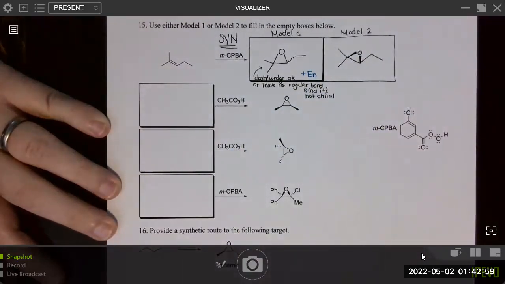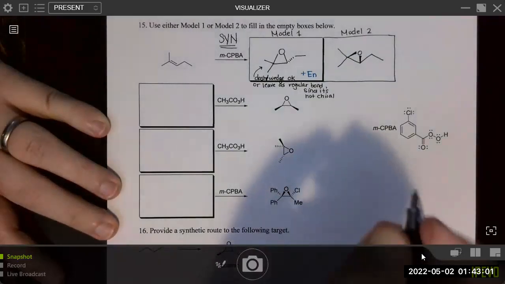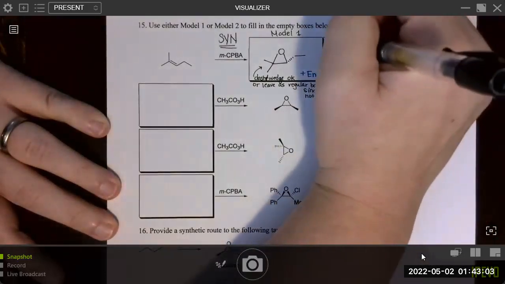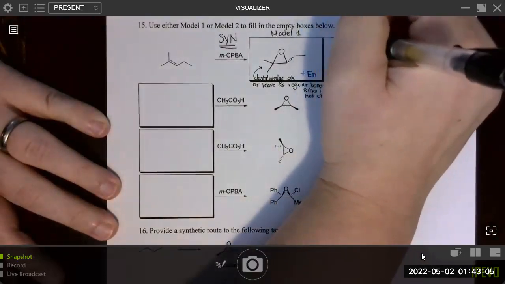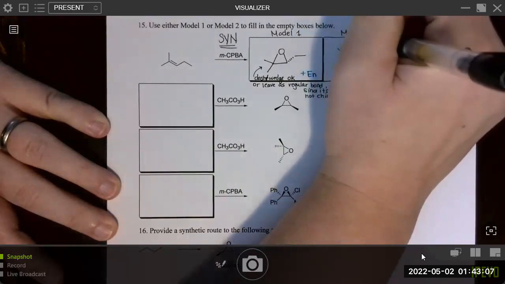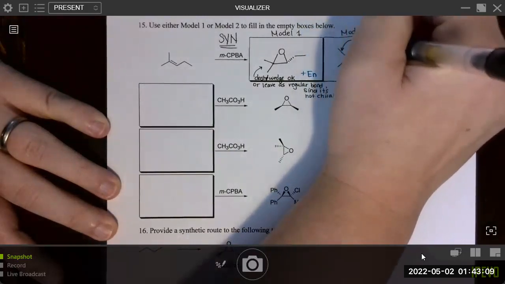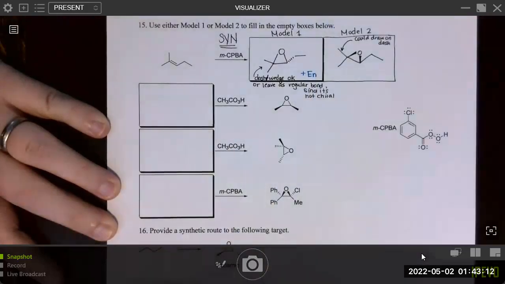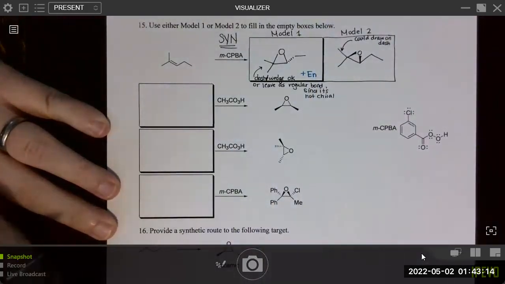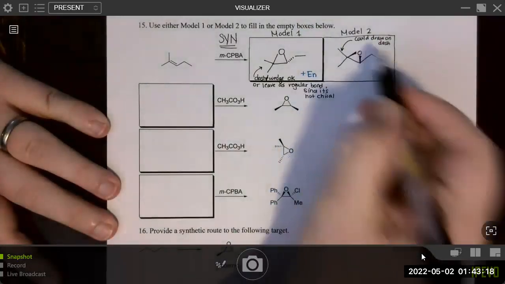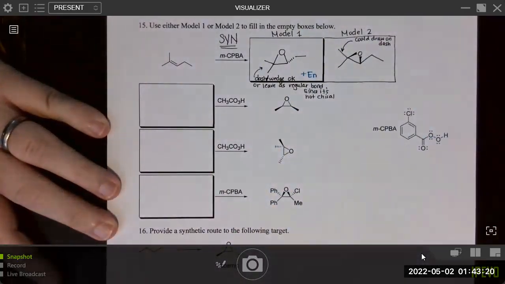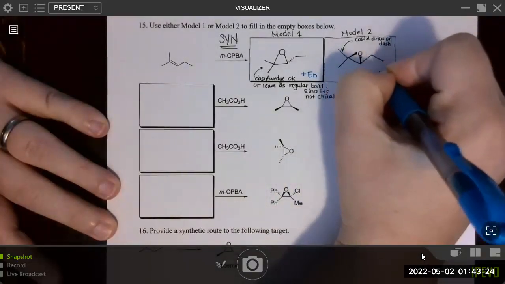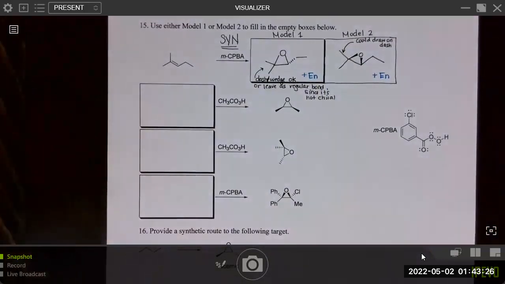It doesn't really matter. Again, I'll make a note of that as well. Right here, could draw one dash, but it's not really critical because it's not a chiral center. This one, however, is, so we'll want to make sure to do that. Okay.